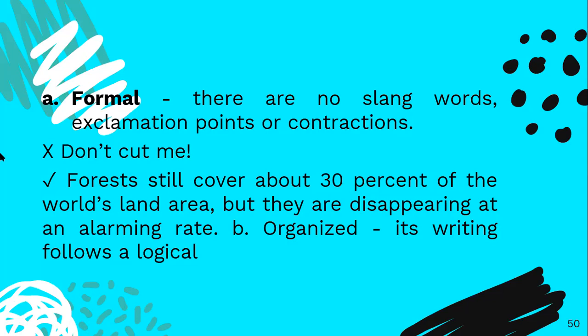Look at the example below. "Don't cut me." That is what the tree said. But you don't use that in academic writing. You say forests still cover 30% of the world's land area, but they are disappearing.